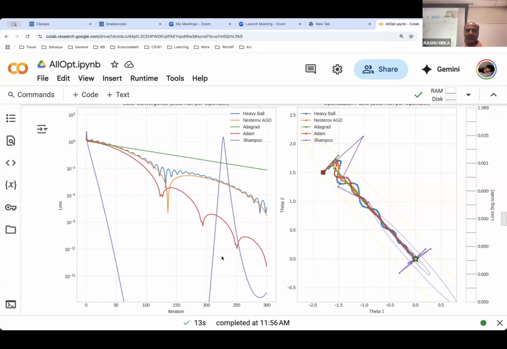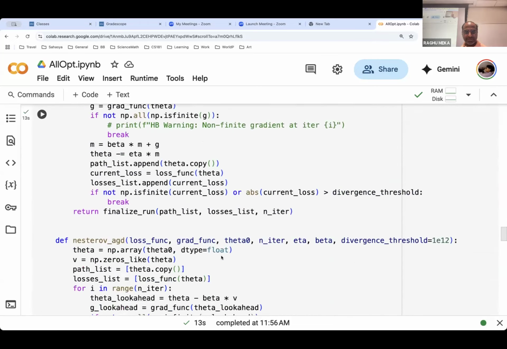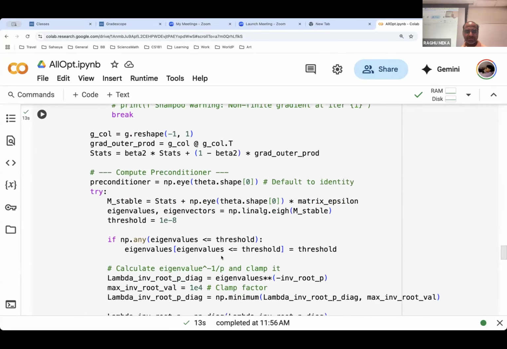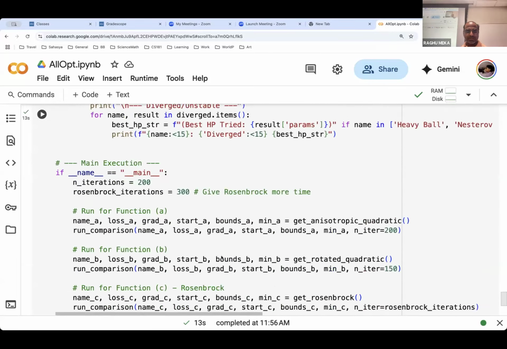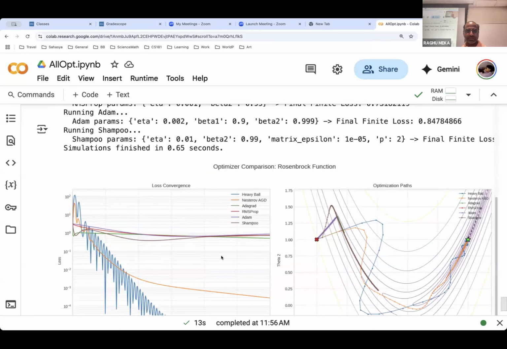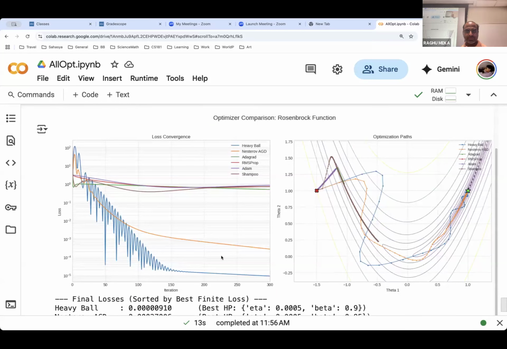Okay. All right. And then there's also one more crazier function, which is not just an ellipse. Here, all kinds of stuff happens. You can see RMSprop, which is the exponentially weighted version of Adagrad.